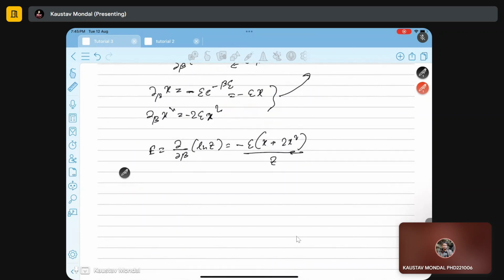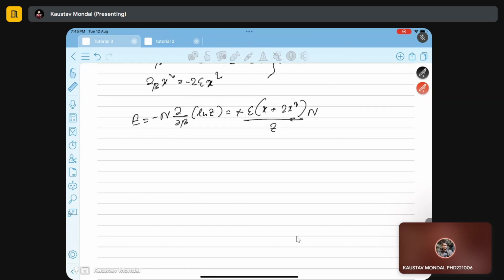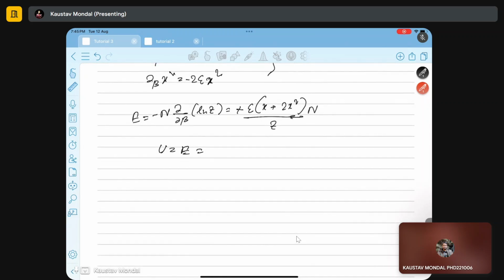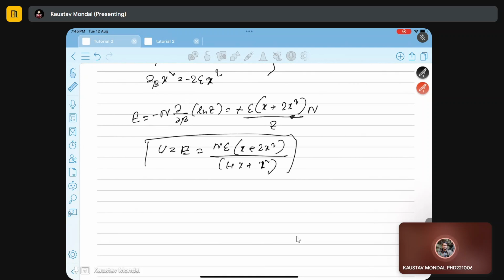Let me write the E or U like this. This is minus N, so plus N, right? Now it's fine. So U will be simply N epsilon times x plus 2x squared by 1 plus x plus x squared. This is the expression of the internal energy or the total energy of the system.